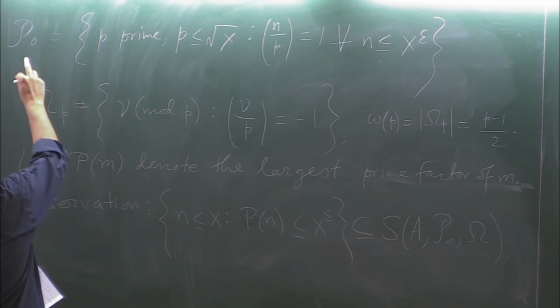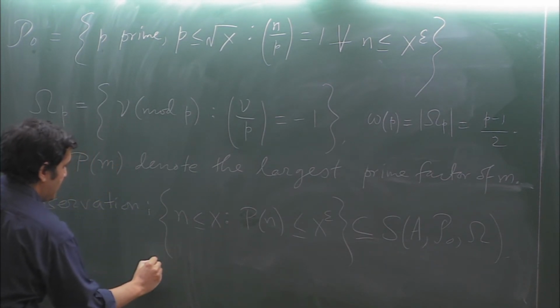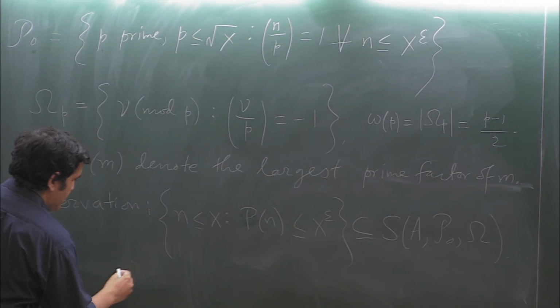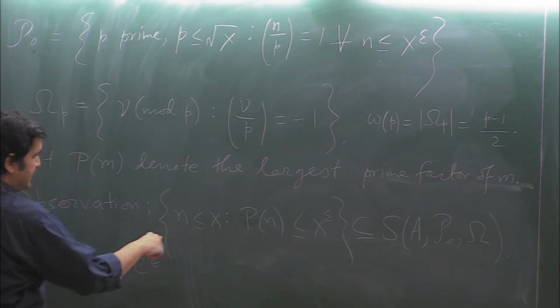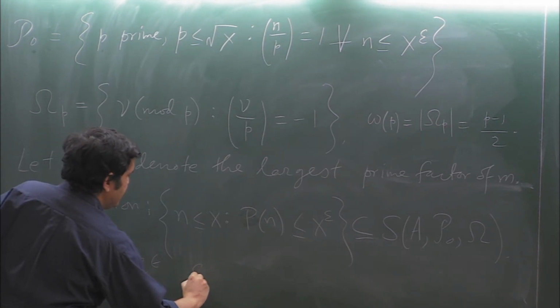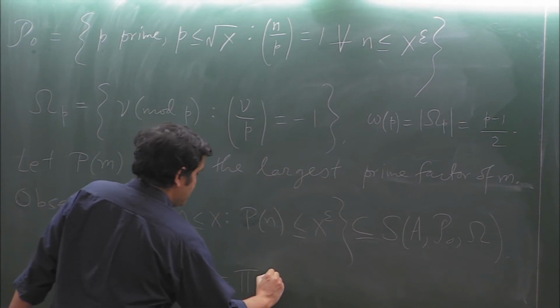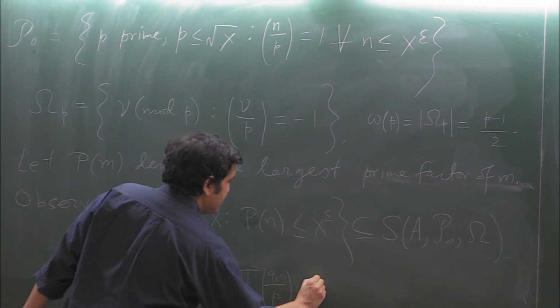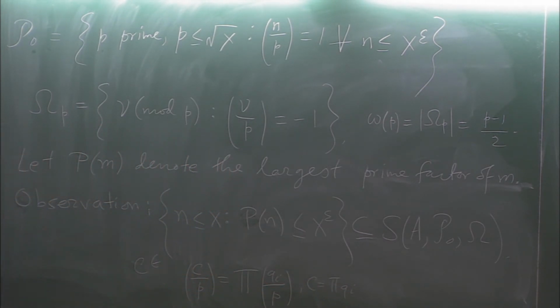So modulo these primes, suppose C is some number, then (C/p) is the product of (Qi/p), where C is the product of the Qi, which are primes, not necessarily distinct.